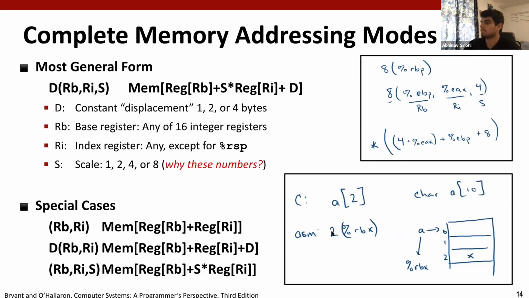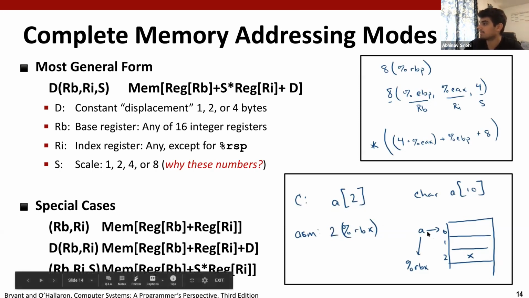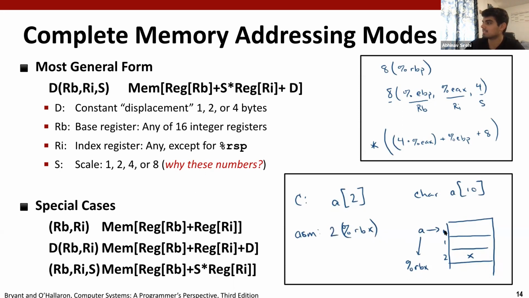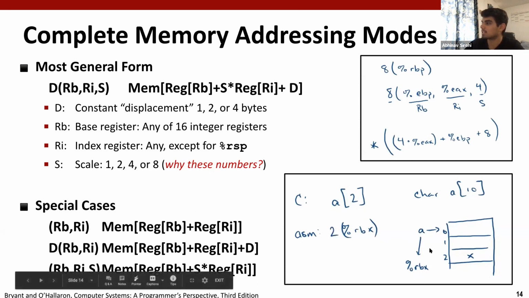of what this does. Okay, so let's say you have a character array called A, and it's of size 10, and we want to access A at index 2, then this is your array, and A points to, as we know, the first or the zeroth index, and so let's say RBX contains A, right?